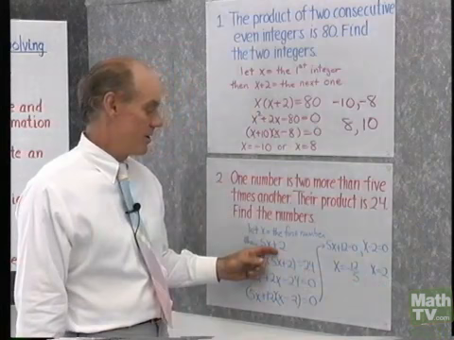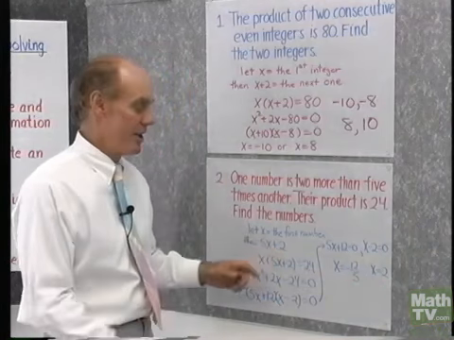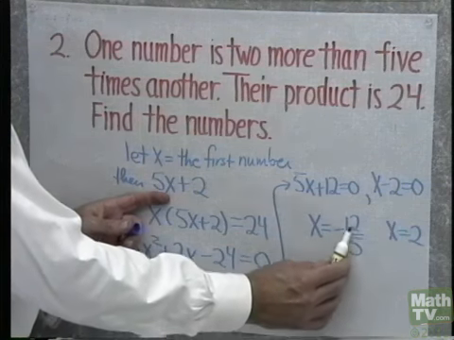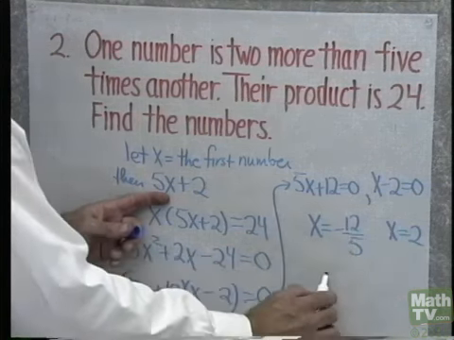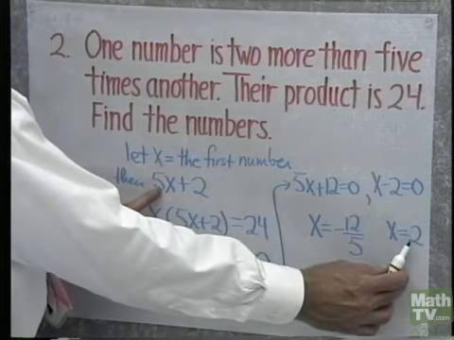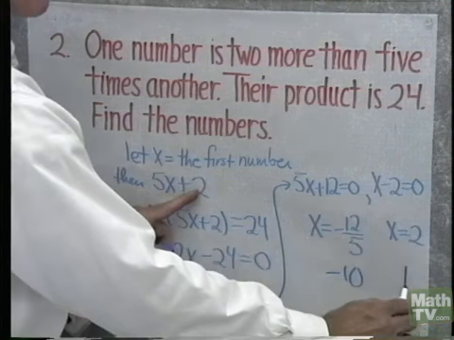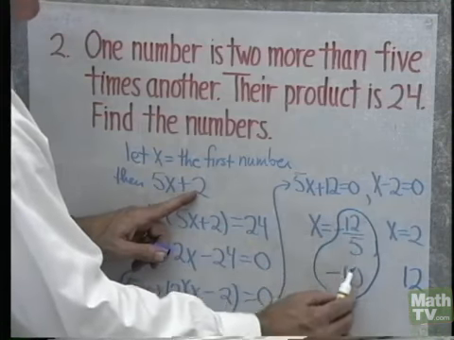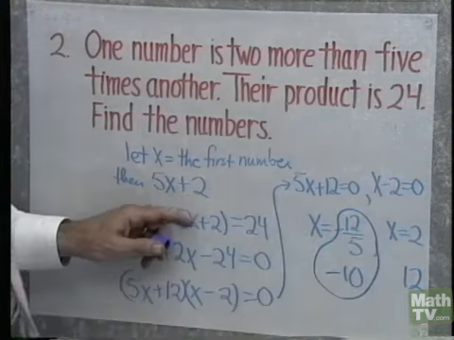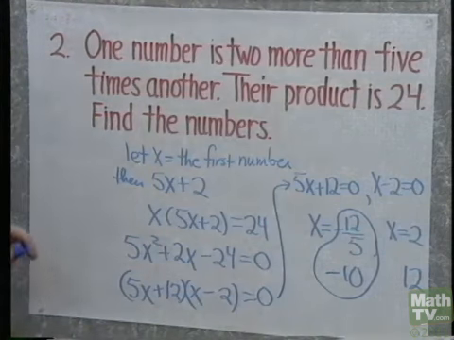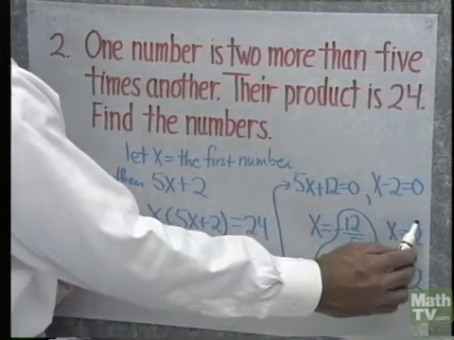To get my second number, I have to multiply the first number by 5 and then add 2. So if I multiply 5 times negative 12/5, I get negative 12, plus 2 is negative 10. If I multiply 2 times 5, I get 10, plus 2 is 12. So my two numbers are negative 12/5 and negative 10, and 2 and 12. And let me just check that on my sheet here. 2 and 12, yes, and negative 12/5 and negative 10, that's right. So these are my two pairs of solutions.